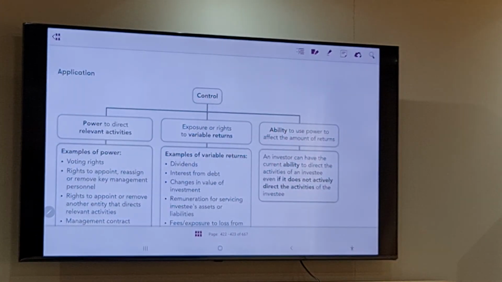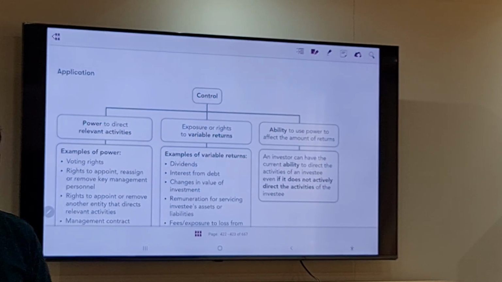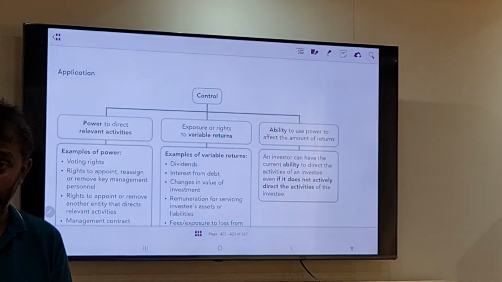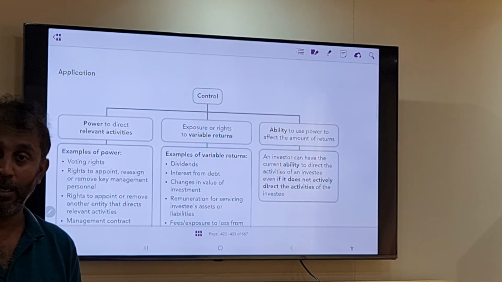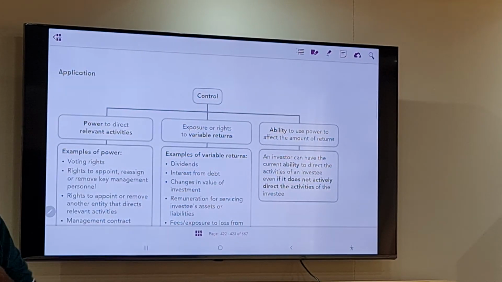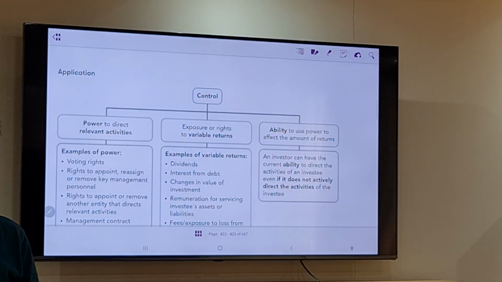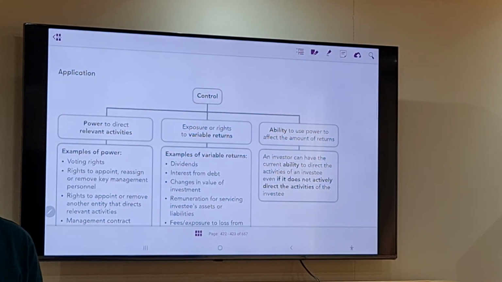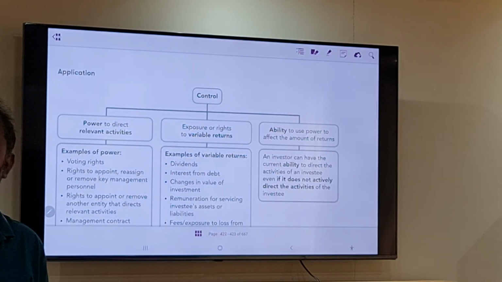You are like a Hitler. You have the power of voting rights. Every time a new decision comes in, there is a poll. People need to vote, and who will decide? If I have the control, I will say, okay, I am going to vote, not you. You cannot do this. This is my decision. So you can do that.